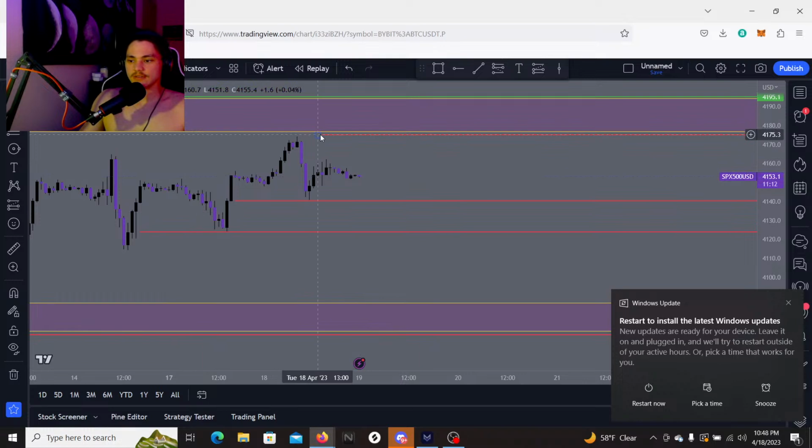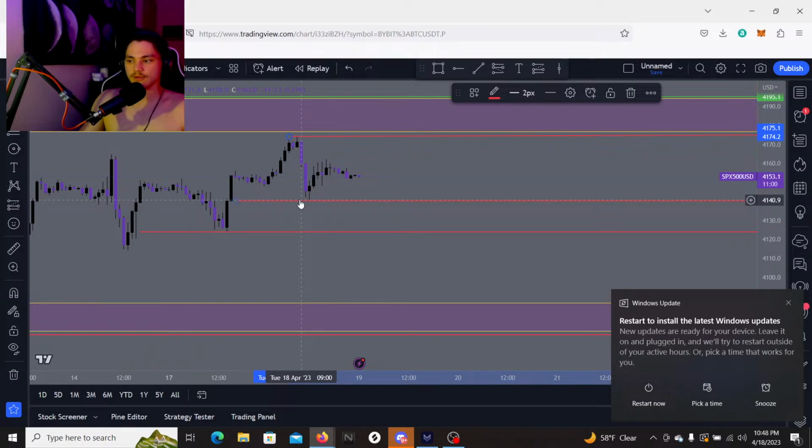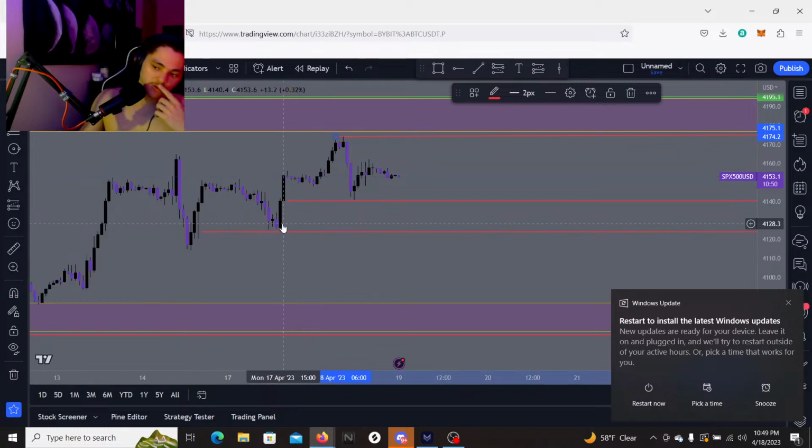It could take out obviously the previous day high, which was right here at 41.74. Could take out the low, 41.40.9. Could take out that low.